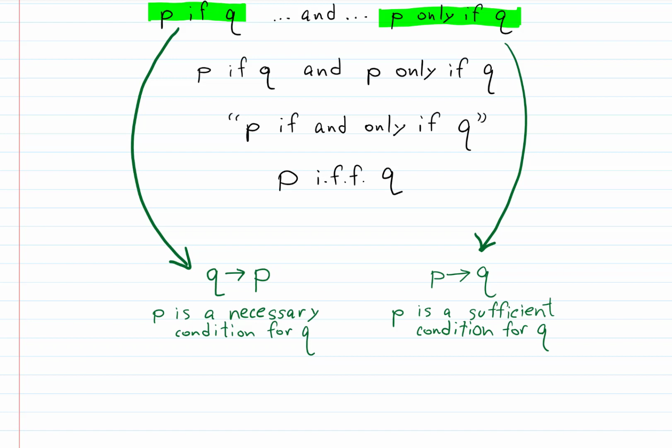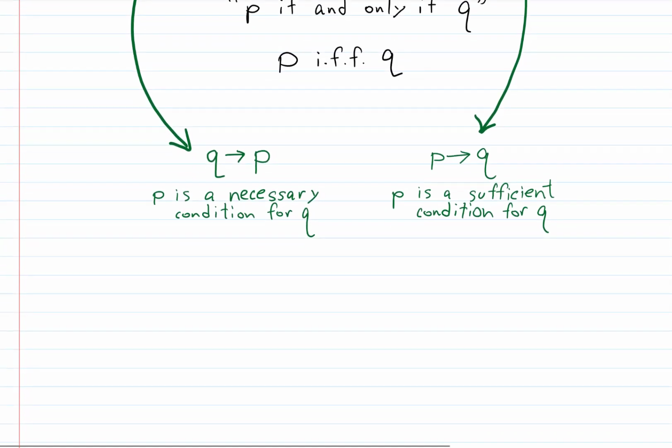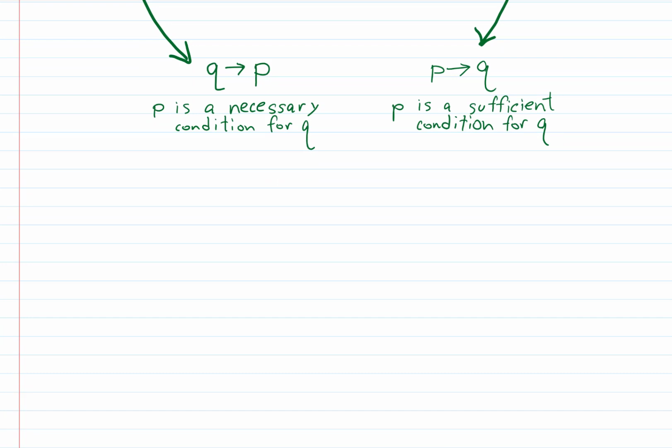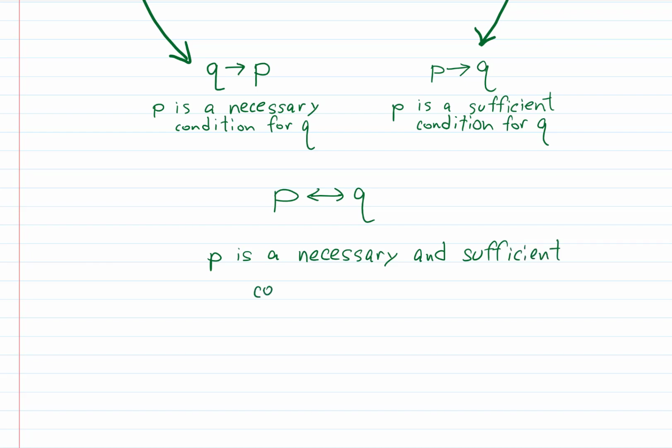All right? And if you put those two together, and you have the biconditional, then you have both of those, and we say P is a necessary and sufficient condition for Q. Okay?